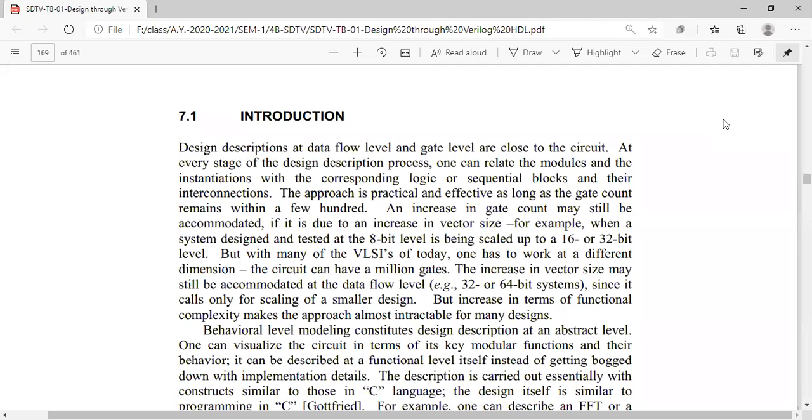When a system designed and tested at an 8-bit level is being scaled to 16 or 32-bit level, that means there is an increase in the vector size, right? Initially it is of 8-bit only. Now we are increasing the number of bits of input to 16 or 32-bit.